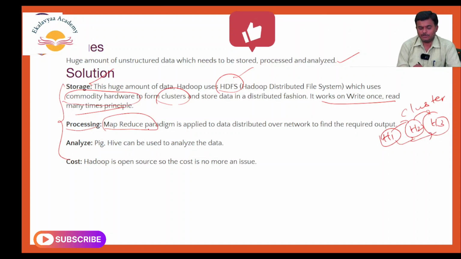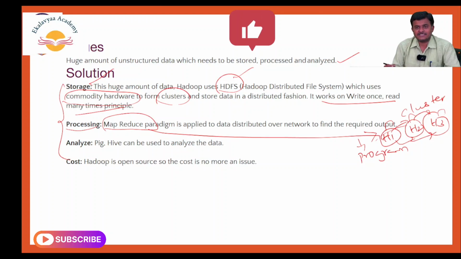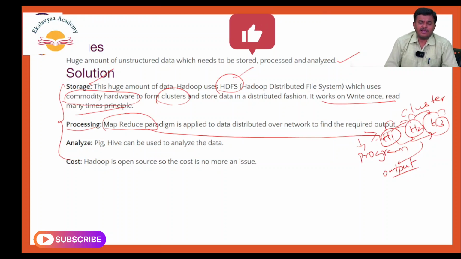MapReduce works by linking to each and every system where the data is stored. It sends the program to the systems in the cluster and gets output from those systems. It is as simple as that. Complete data will not keep moving here and there. Only the program corresponding to the application will be transferred from the server to all the clients in the cluster.